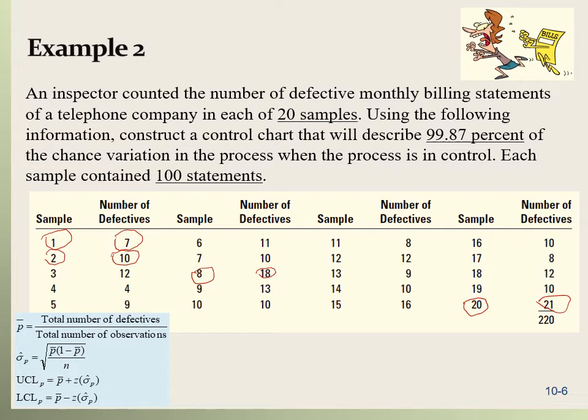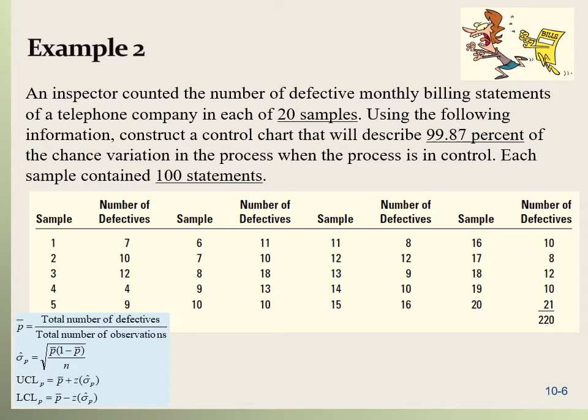So we have this data here, and you have the formula down here. Since we don't have the percentage, we have to estimate it using the formula here. So try to solve this problem using the formula here and the information given.